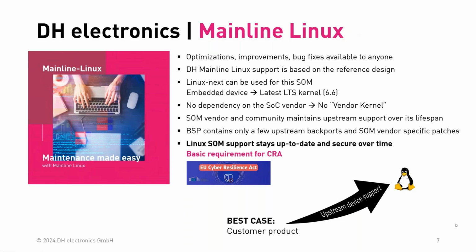And we also benefit in that case from ST's good mainline work, because ST also upstreams as much as possible to mainline Linux, and that work is also part of mainline Linux and not only of the vendor BSP package. So overall with mainline Linux, we benefit from having optimizations, improvements, bug fixes available to everyone.